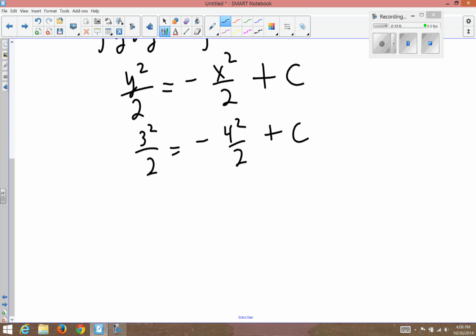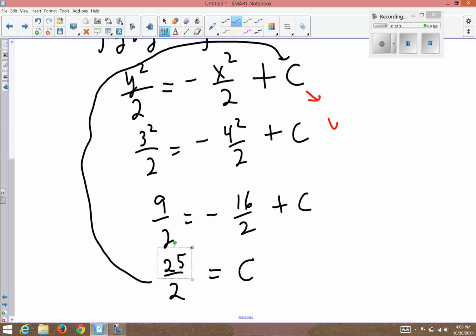Add 16 halves to both sides. Nine halves plus 16 halves is 25 halves. Now we're going to put this where it belongs, right there. So that's y squared over 2 equals negative x squared over 2 plus 25 over 2.